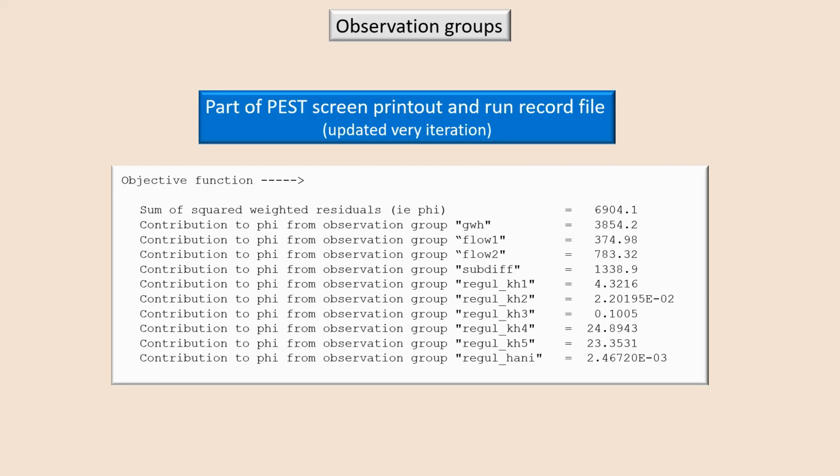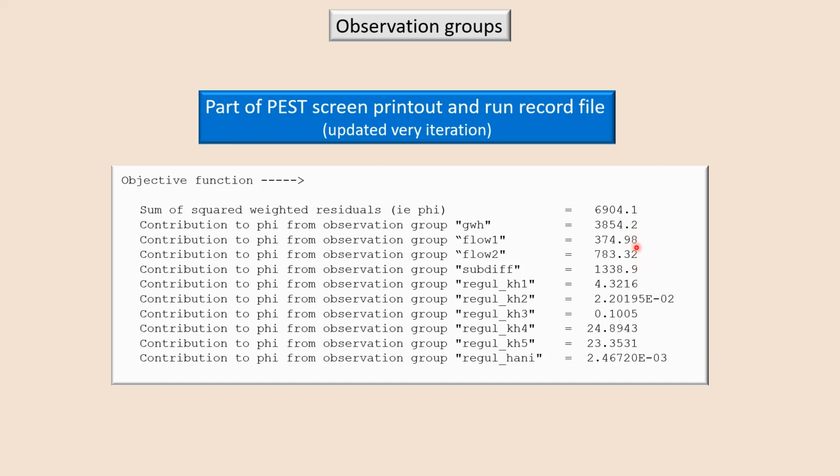During each iteration of the inversion process undertaken by PEST, PEST lists the contribution to the total objective function made by each observation group. In this example, this is the total objective function. Here are objective functions calculated for each observation group.